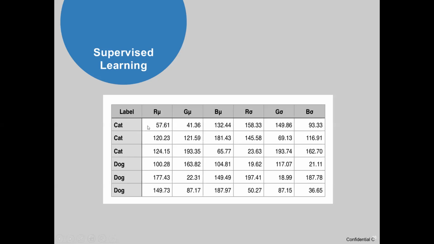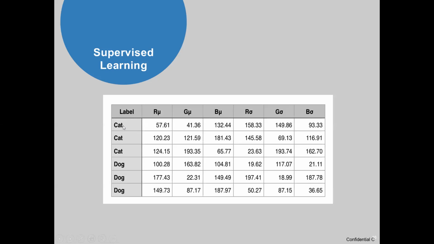We have color images with red, green and blue channels. I extract a mean value, which means the sum of all the pixels in the red channel, the green channel and the blue channel, divided by the number of pixels. Similarly, you take the standard deviation. So for each image we get a 6-dimensional feature vector.